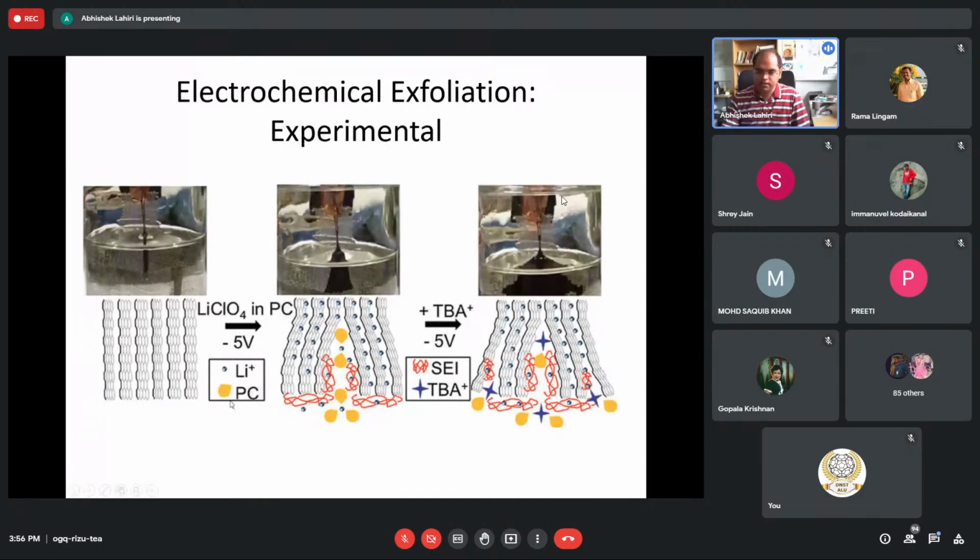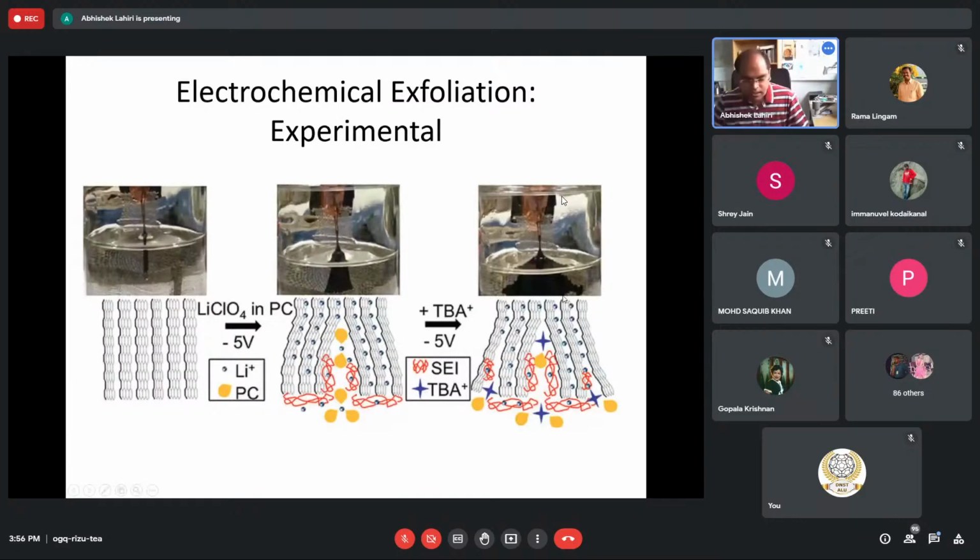Lithium goes into the polycarbonate, and if you add another cation such as TBA, then you're going to co-intercalate both cations during the process. One can see from the optical image that you have expanded the graphite surface, and here you have complete exfoliation or disintegration of your graphite to graphene.